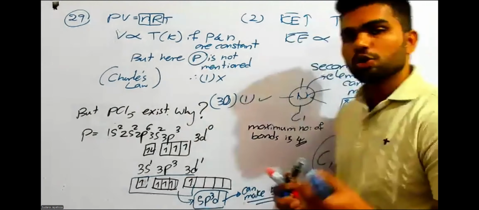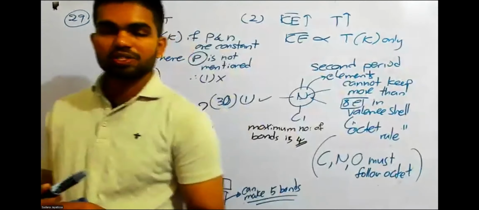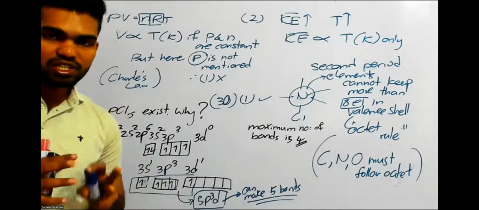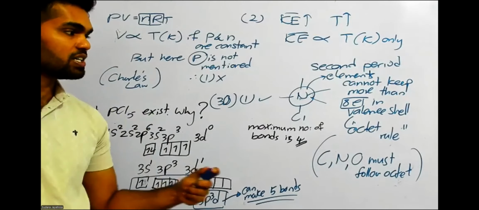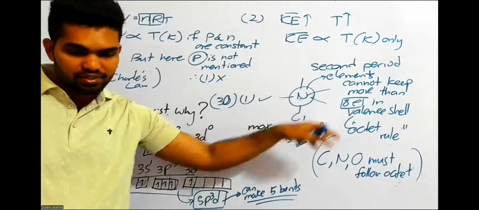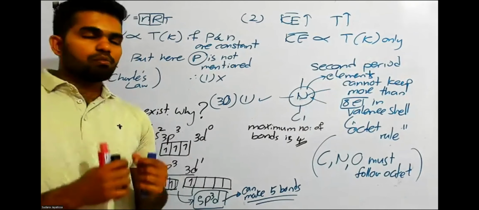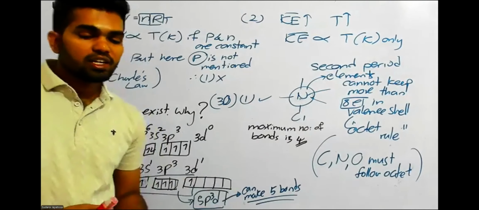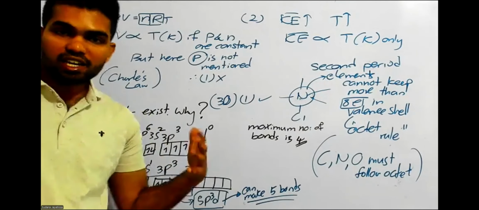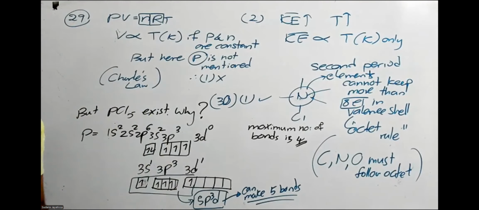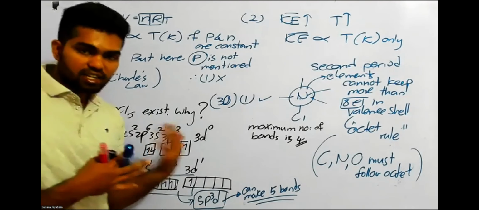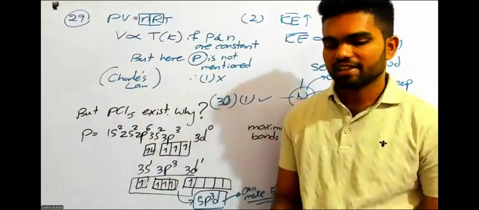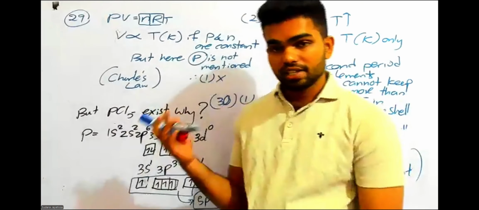It doesn't have any d orbitals, because in the second energy level you have only s and p sub-energy levels, not the d sub-energy level. So the maximum electron holding capacity is 8 for the second energy level. But in the third energy level, fourth energy level and so on, they will have s, p, d and f, so they can keep more than 8 electrons, which means they can make more than 4 bonds, 5, 6, like octahedral, trigonal bipyramidal.